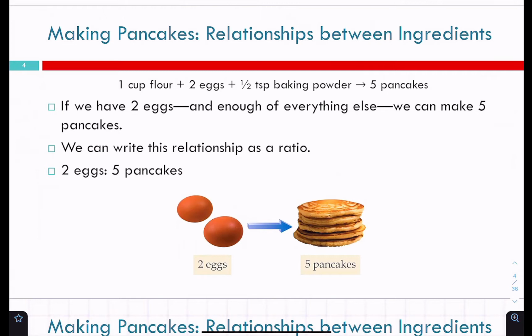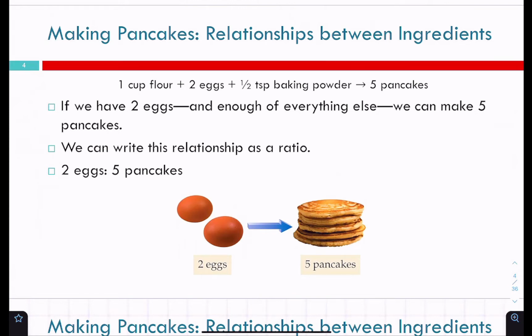So the way this works is if we have 2 eggs and enough of everything else, we can make 5 pancakes, usually flour and baking powder, things you're going to have enough of. But we can also use this to write a conversion factor or ratio between the number of eggs that go into a recipe and the number of pancakes that will come out.